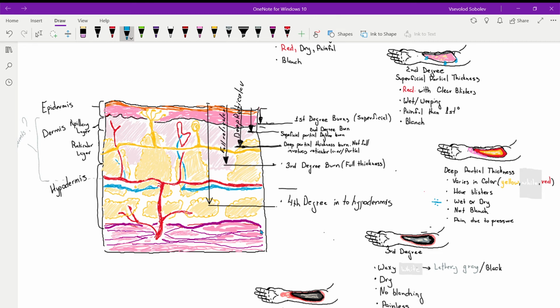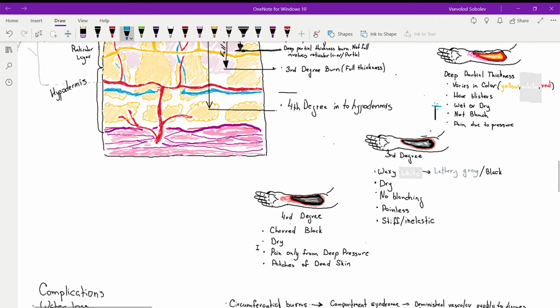So we go into third degree burns. So our whole dermis is destroyed, for sure. And that's third degree: waxy white, leathery gray black, dry, no blanching, painless, stiff and inelastic.